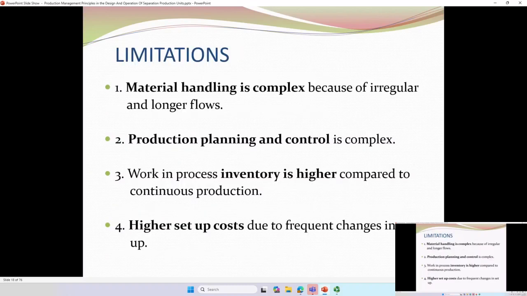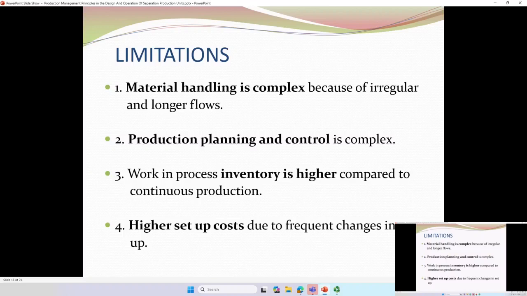Now the limitations. Material handling is complex because of irregular and longer flow, and production planning is complex. Imagine you have a production that is multifaceted. Take those that work in beverages: it's the same machine they use for orange juice, the same for beetroot juice, the same for pineapple juice, right?